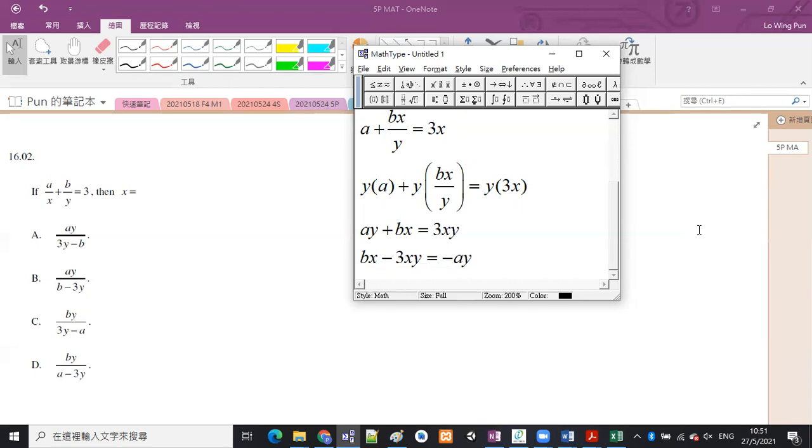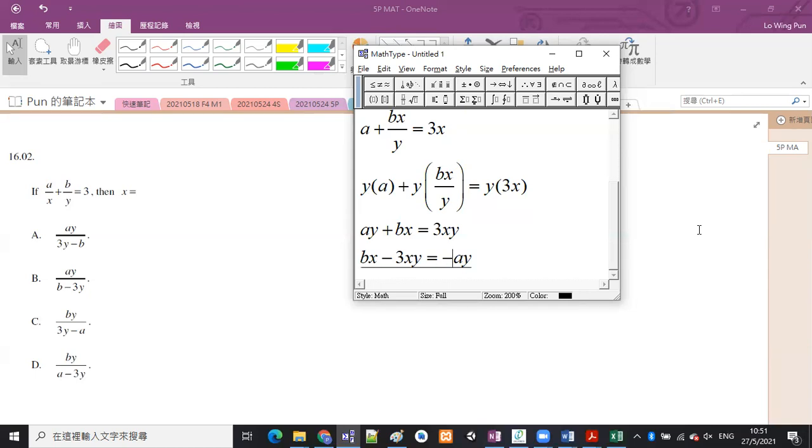Okay? Careful, careful. So I won't do this, because I don't want one of the sides to be completely negative. Do you understand my idea? If I move the ay term to the right hand side, then all the terms on the right hand side, even though there's only one term, are negative, right? I don't want this to happen.